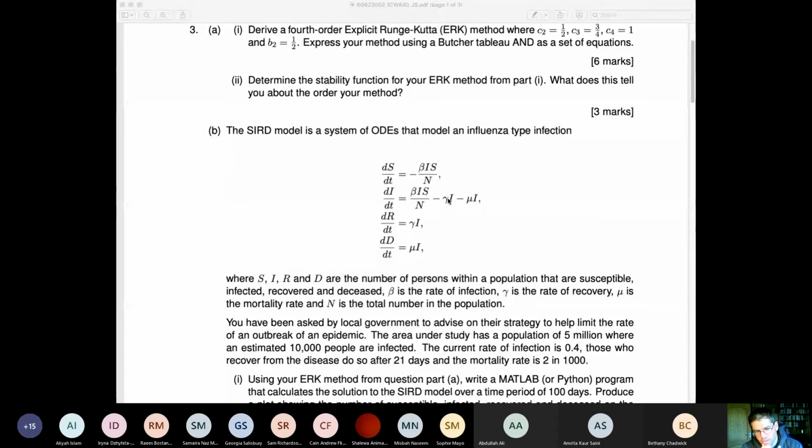So instead of I, that would be y2. Instead of S, that will be y1.